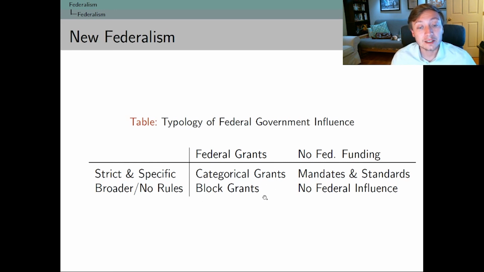Compare that with block grants, which is perhaps one of the most common types of federal granting in modern times, where states get something for general purposes, like say, this is for roads, right? But they're able to determine how that gets implemented. I think one example of this type of federal grant comes especially in that area that I just mentioned, transportation.